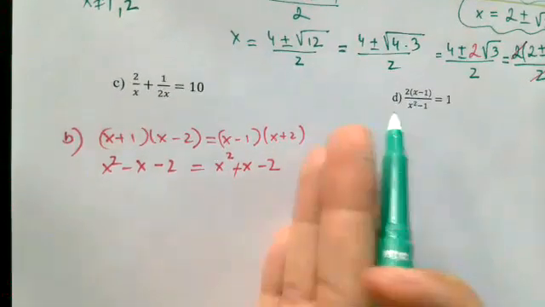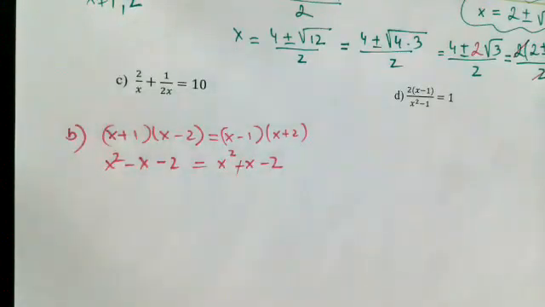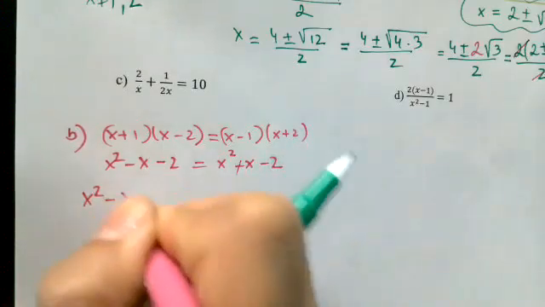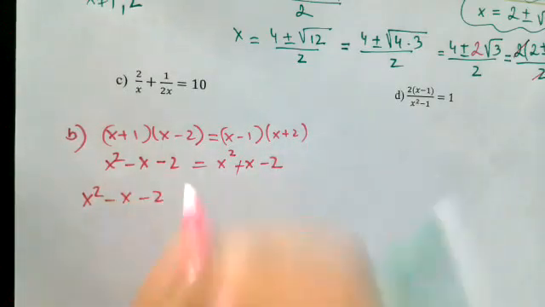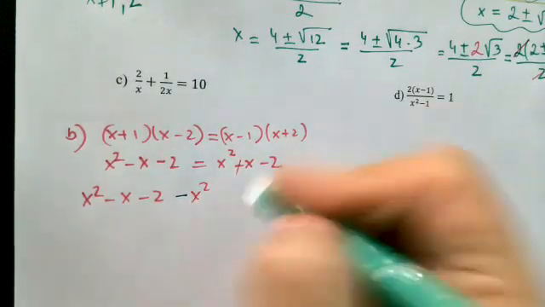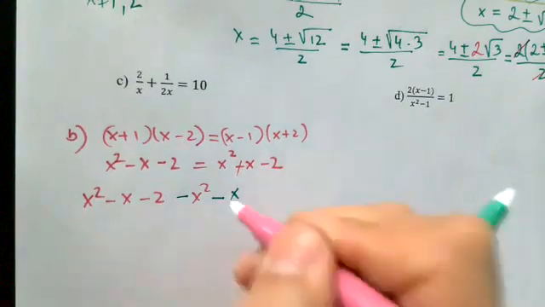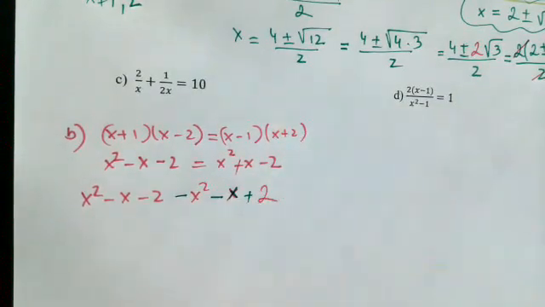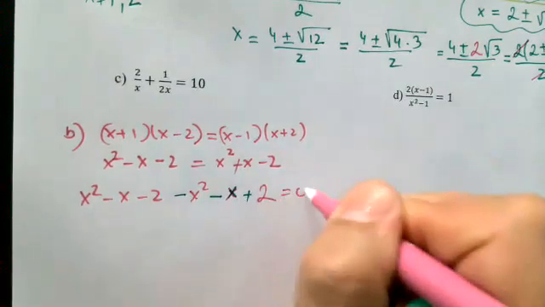Now we can move everything to the left and see which terms will be like terms to cancel out or put them together. So we have x squared minus x minus 2 minus x squared minus x plus 2 equals 0.